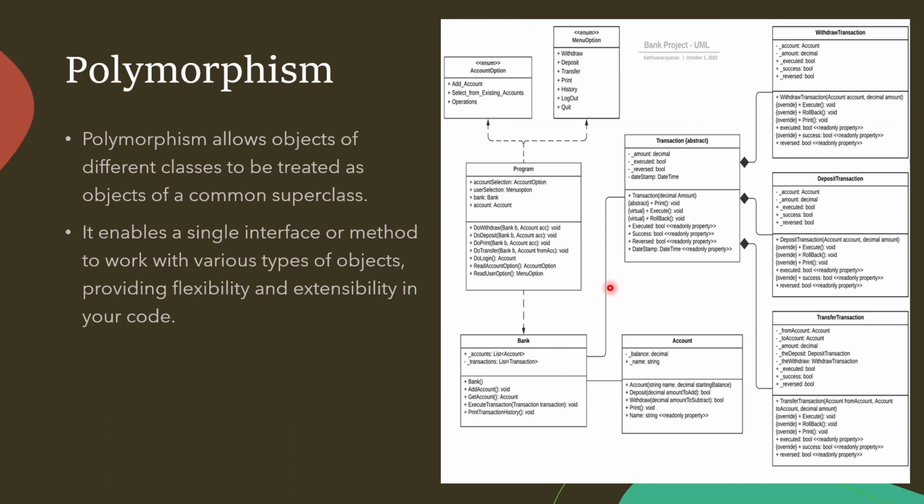And finally, polymorphism allows objects of different classes to be treated as objects of a common superclass. So by this, I mean here in the bank class, we are just calling the execute transaction method. When a user selects to do withdraw, deposit, or transfer, the program just calls the execute transaction method and sends the transaction parameter.